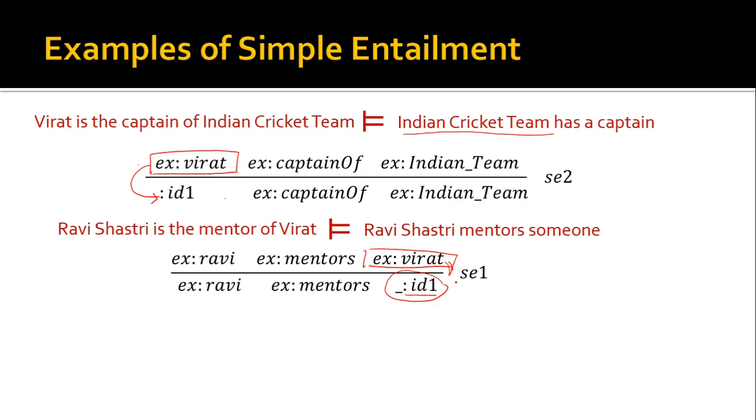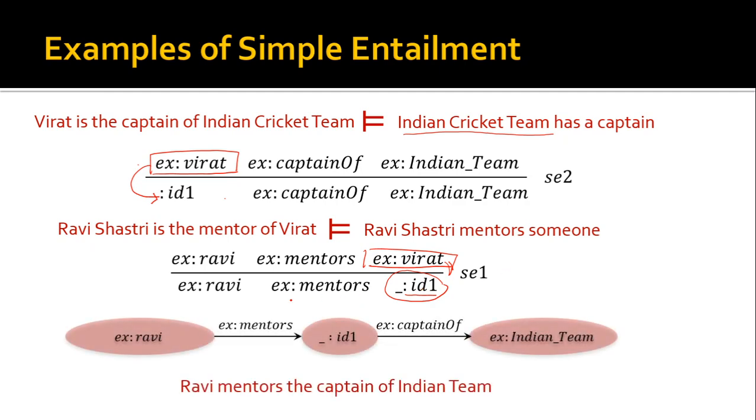From these two, we can get something like this: Ravi mentors someone, and that someone is the captain of Indian cricket team. This can be translated into Ravi mentors the captain of Indian cricket team, or Indian team. I am just shortening it to Indian team, right? So this is the example of proper reuse of the ID.